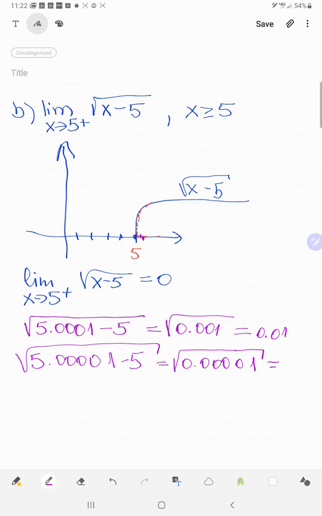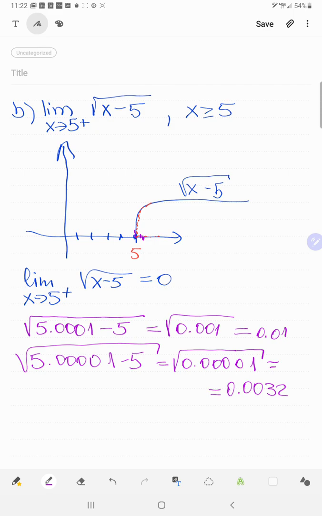If we plug that value into a calculator, we get an even smaller value, which is approximately 0.003. So we are getting closer and closer to 0.